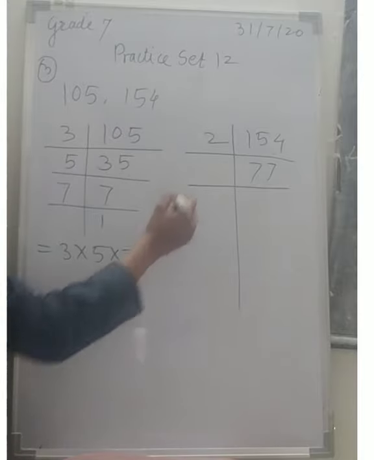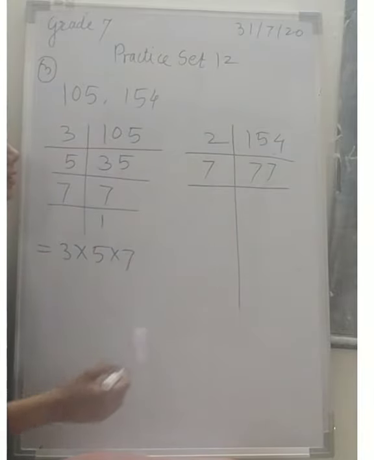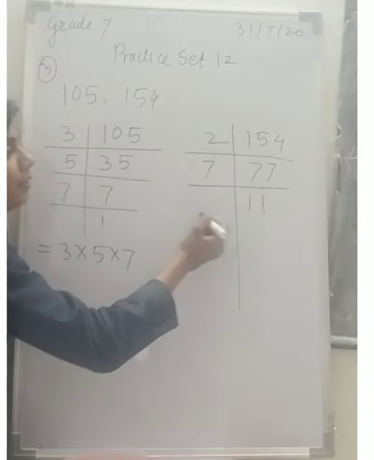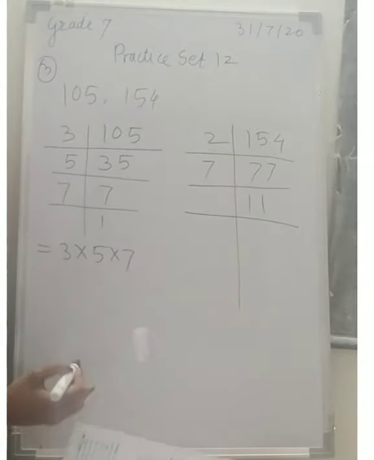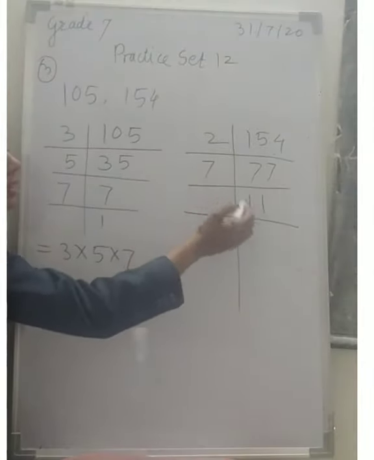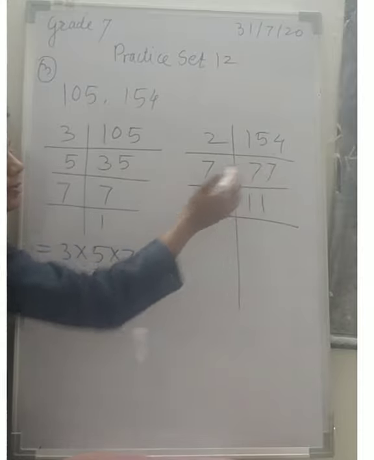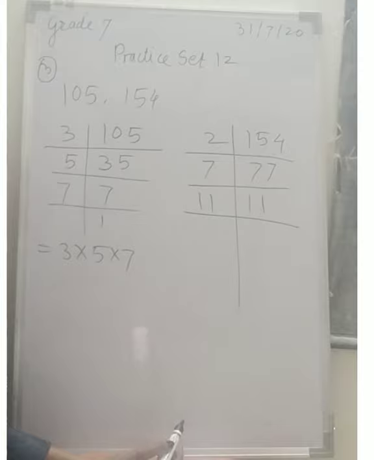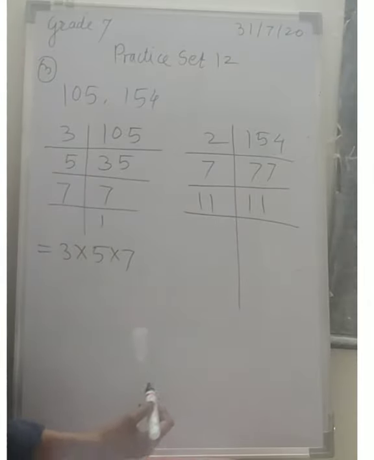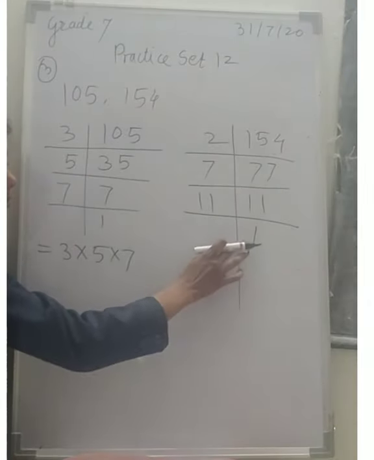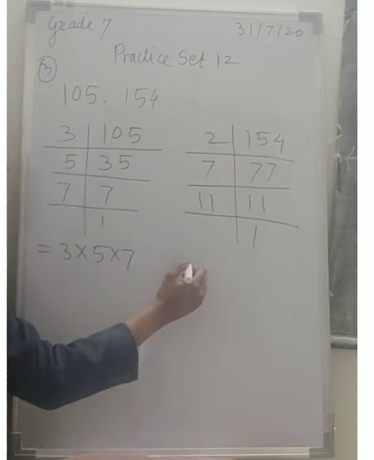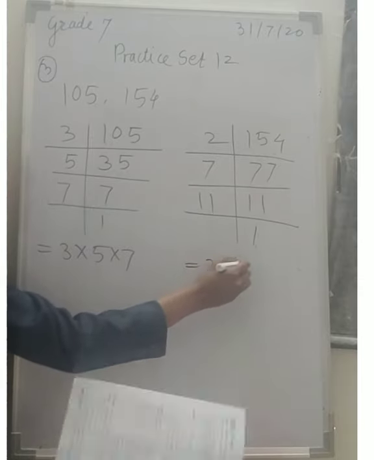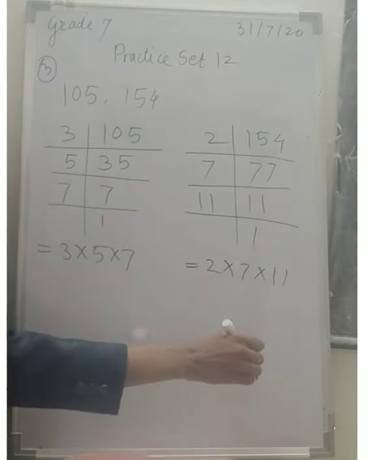No. We can divide by 7. 7 times 11 will give us 77. Now 11 is a prime number which can be divided only by 11 or 1. So now what are the factors? 2 multiplied by 7 multiplied by 11.